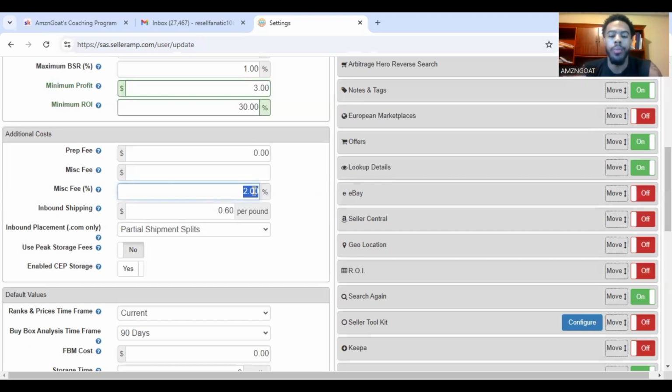So my sales tax is 6% for all products that are outside of the grocery category. For grocery products, it is 2%, right? So depending on what I'm sourcing and searching for, I will go back in here and change this miscellaneous fee percentage. If I'm sourcing for grocery products, I'm going to make sure that I have 2% in there because that's how much I'm paying for sales tax.